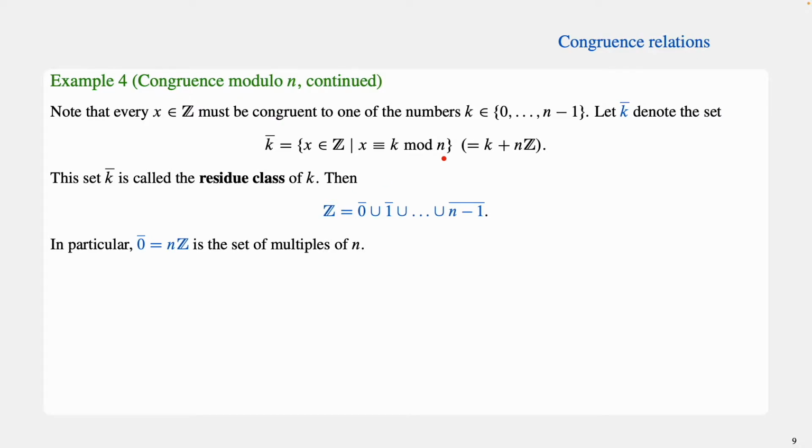And what we see, because every remainder has to be a number in the set from 0 to n-1, is that we can write the integers as a union of these residue classes.